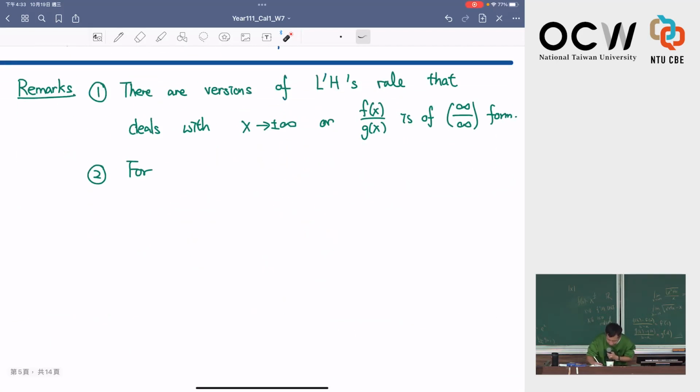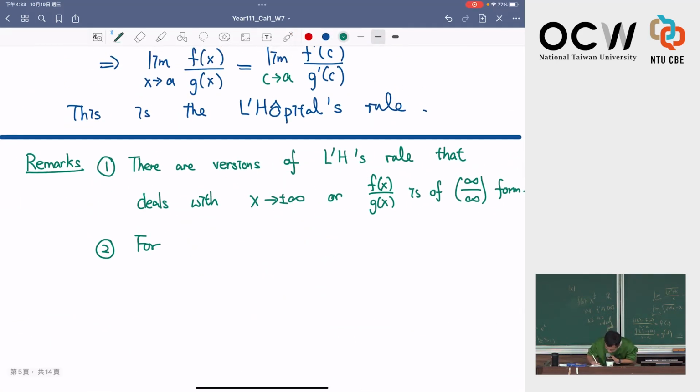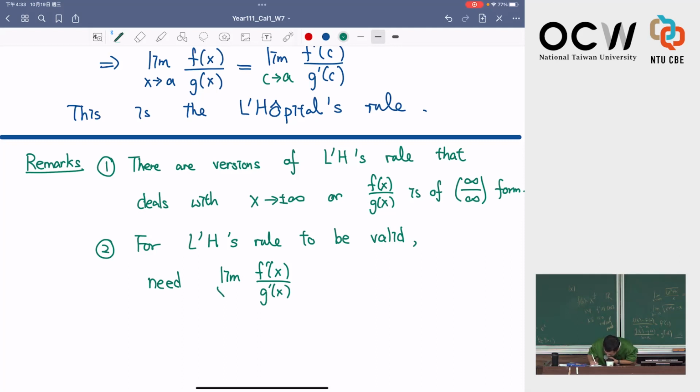So for the above proof, for the L'Hopital rule to be valid, it's important that we need the limit of the derivative version to either exist or, at worst, equal plus or minus infinity.